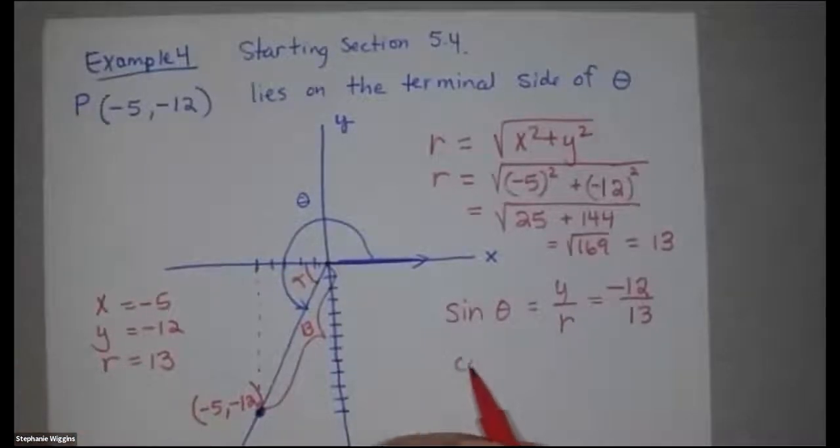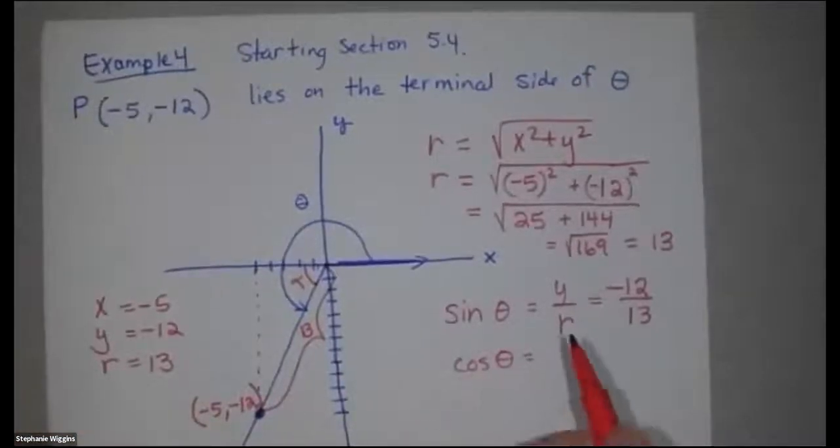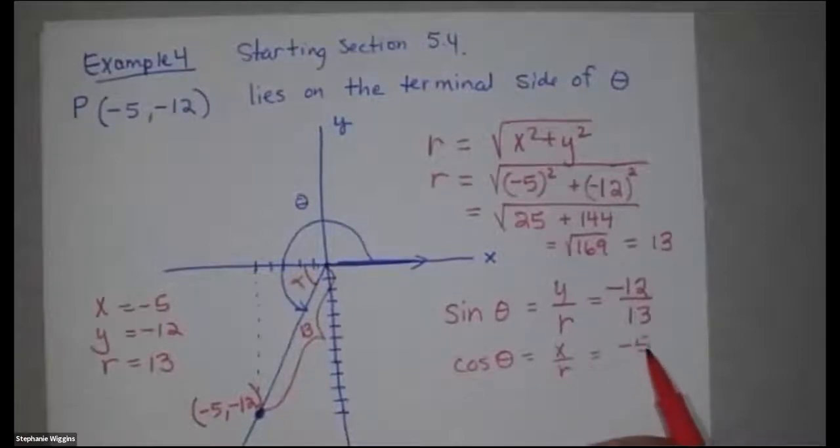And then cosine of theta is then x over r, which is -5 over 13. Tangent of theta is y over x, which is -12 over -5, which is 12/5.